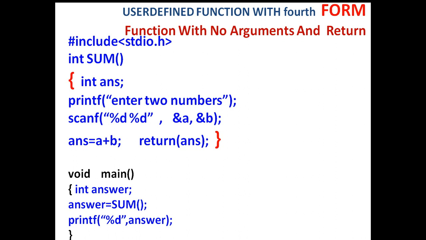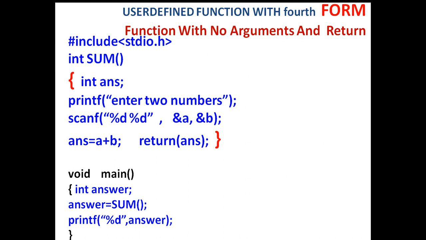So for creating a function with this category, first of all, we will write the data type: int, char, float, double. We can take any of these data types. If we don't write any data type, then the compiler automatically takes it as int. So first you will write the data type, then you will write the function name.